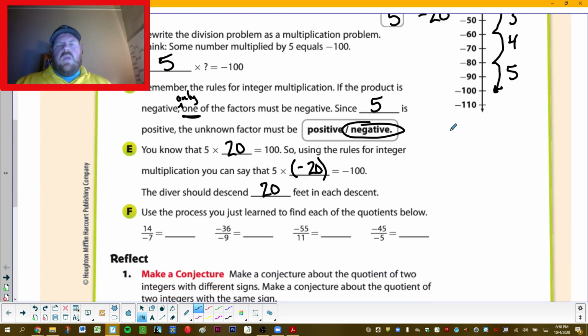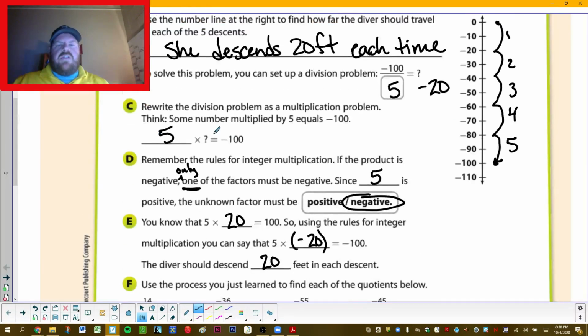Now these are just some practice problems, where we want to think about it in terms of multiplication, like from step B to C here. Our question is negative 100 divided by 5 equals negative 20.